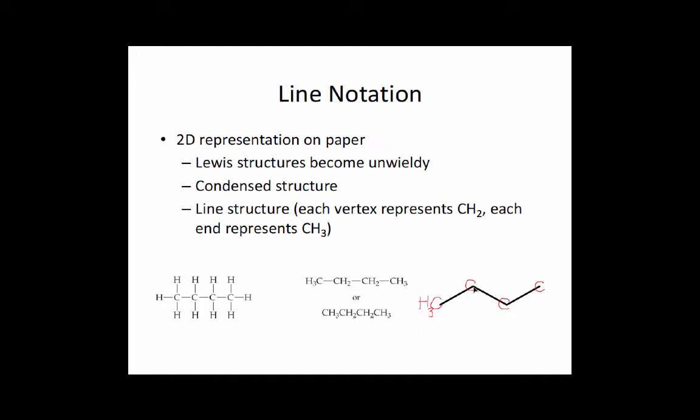One of these carbons in the middle would have 2 hydrogens connected to it because it has to make 4 bonds, and it has 2 bonds to carbon, so it would need 2 more bonds to hydrogen. Again, in our line structure, we don't show the hydrogen atoms, so watch out for that on an exam or a problem set, because those are implied hydrogens, and you have to figure out how many there are even when you can't see them in the structure.